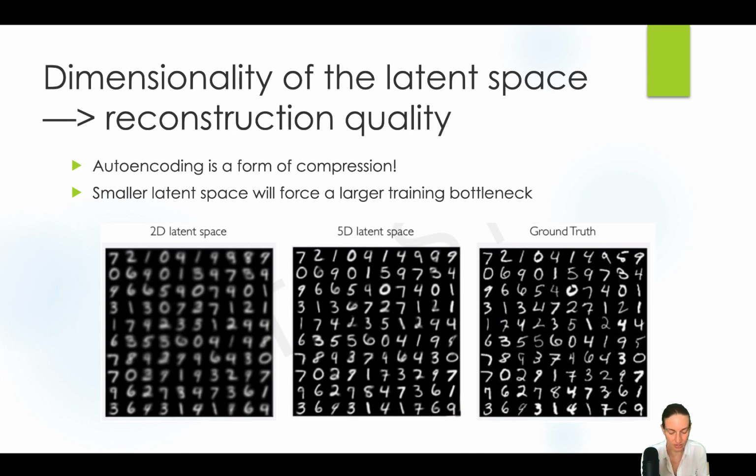So if we have a small latent space, we'll have a large training bottleneck. Let's have a look at the example. Here we have a classic MNIST dataset of numbers. If we enforce the latent space to be 2-dimensional, pretty small, the reconstruction quality is fairly low. If we allow it to be 5-dimensional, quite good actually, the reconstruction. This is the actual ground truth that we're comparing with.